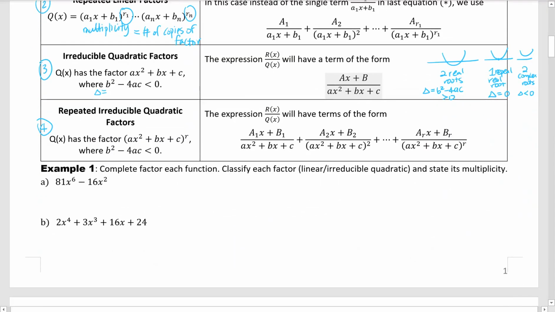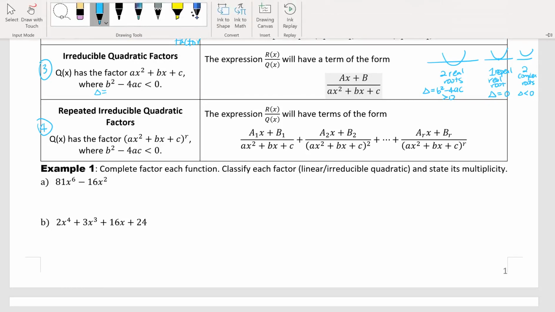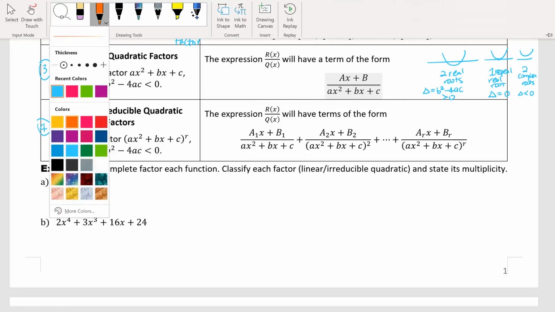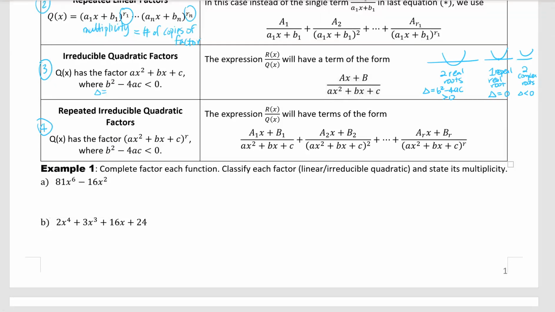Example 1. Completely factor the functions, classify each factor as linear or irreducible quadratic, and state its multiplicity. Okay, so first example, let's factor it. Can you see a common factor? x squared, right? So we can factor out x squared, and then we have 81x to the 4 minus 16.